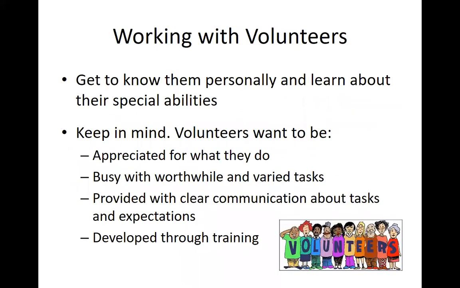You're going to need to also work with volunteers when you're doing community organizing and building. You're working with a lot of people, different subgroups, so you can't do it alone. There are some really good tips on working with volunteers. Check out page 248 in your text. Keep in mind that volunteers want to be appreciated. You want to get to know them, know their special abilities, and use those.